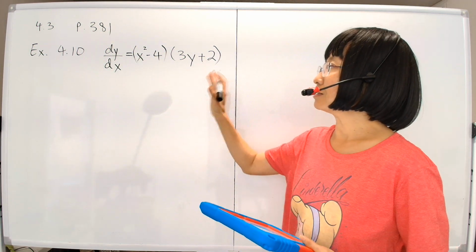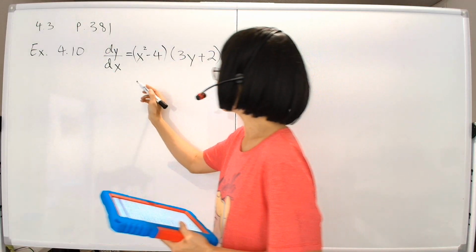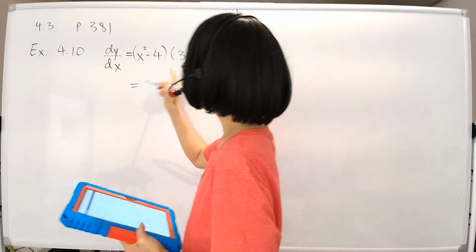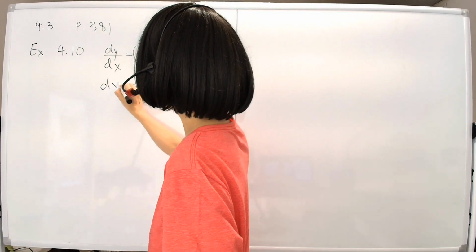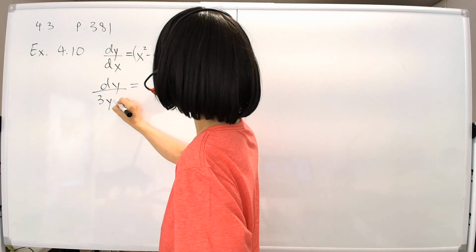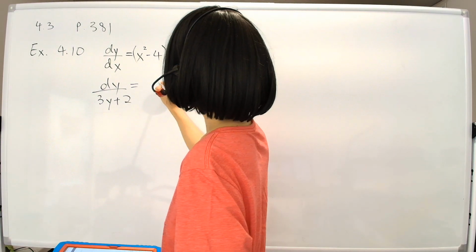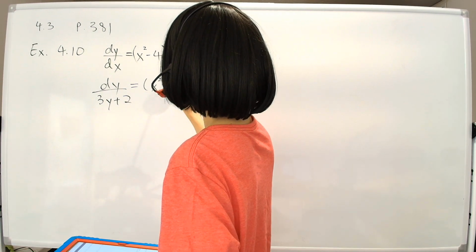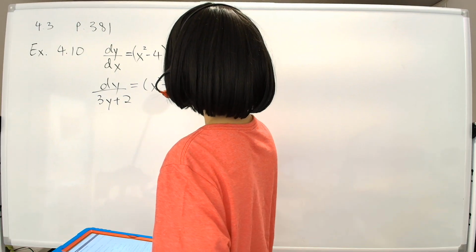Then we are going to do a standard trick. Being that it is separable, we're going to isolate the y on one side with all the other y's, especially under dy. So that's 3y plus 2, and then the x on the other side too, so that is equal to x squared minus 4 times dx.